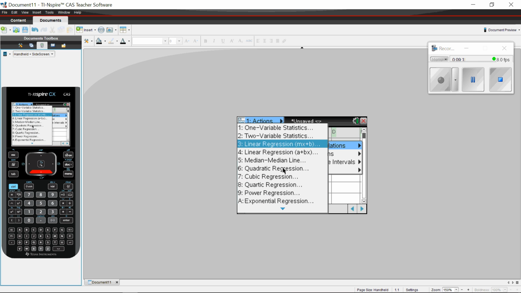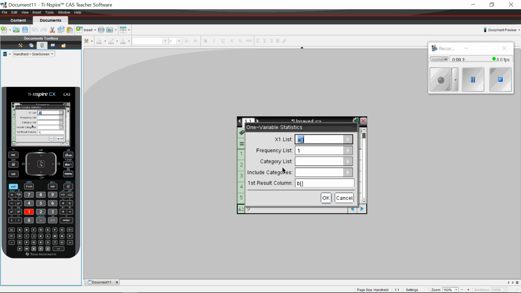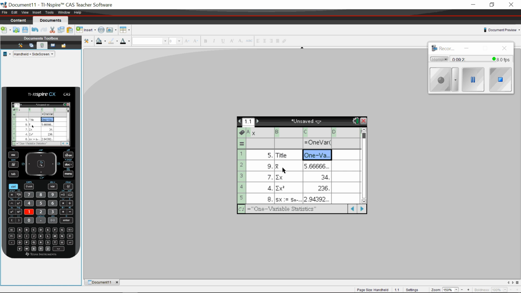Now, I do want to go over with you the one variable statistics here. So let me just pick. Perfect. Okay. So here, mean, x with the line over it, that is 5.666666666. Okay. Standard deviation tells us how varied or how different our data is.